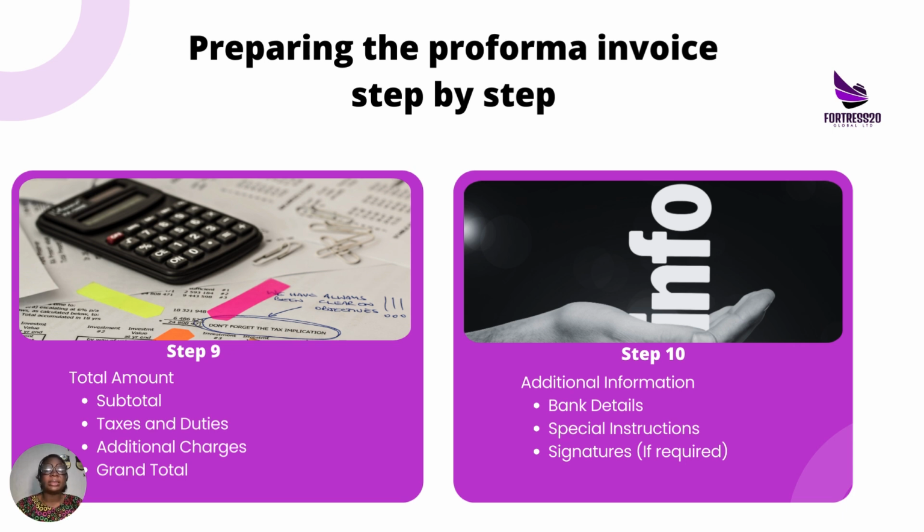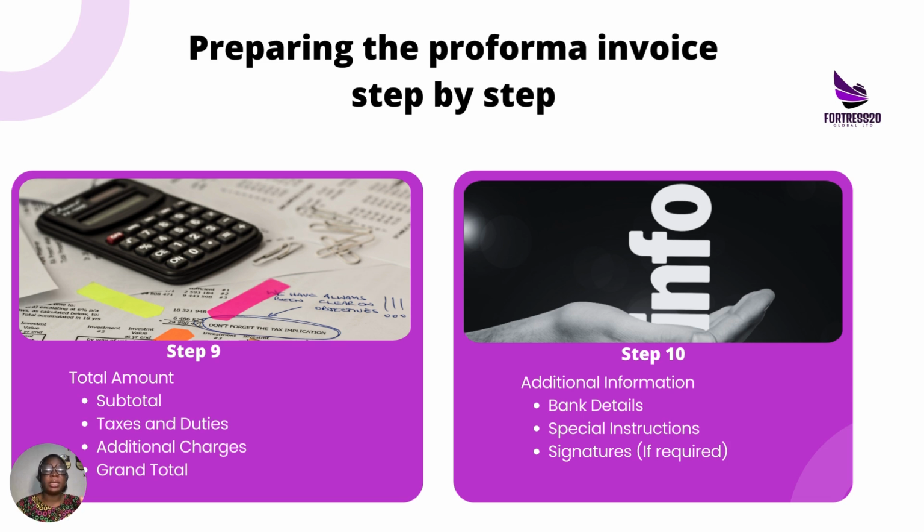Add up all the line items, include applicable taxes and duties, add any extra charges, sum up the subtotals, taxes, duties, and additional charges. Where you need to put up all other costs, add everything and arrive at a grand total.